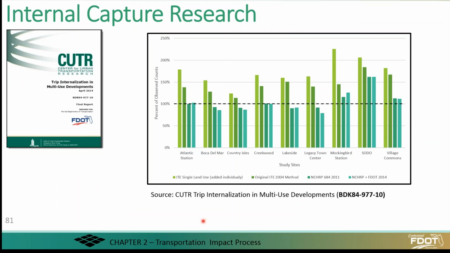So at the end, this is a comparison that Cutter did with NCHRP. Remember, NCHRP 684 looked at Atlantic Station, Legacy Town Center, and Mockingbird Station. We also had Boca del Mar, Country Isle, and Village Commons, which is the study that was done in 1993 for District 4.